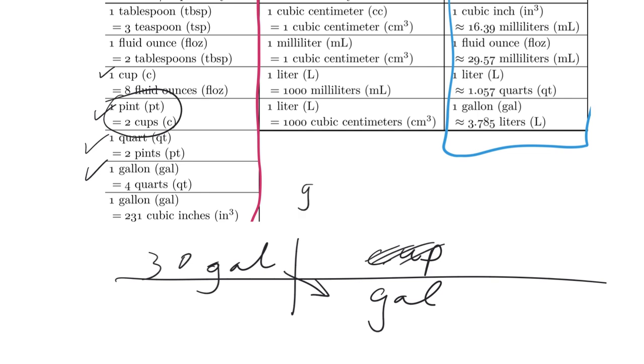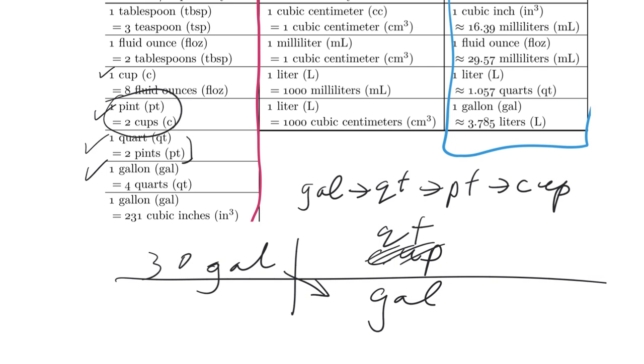So I'm going to go from gallons to quarts to pints to cups. So the next thing will be quarts. There's 4 quarts in 1 gallon.